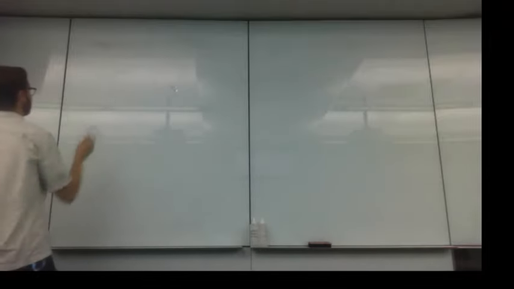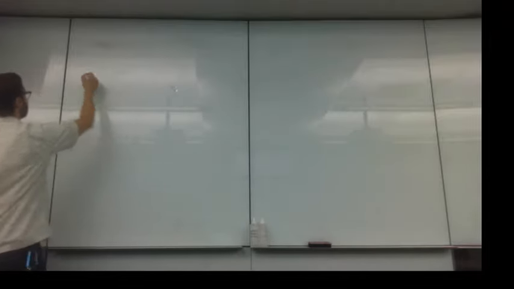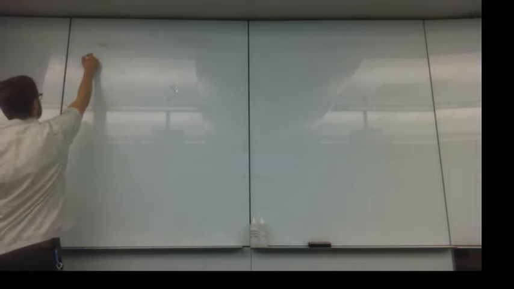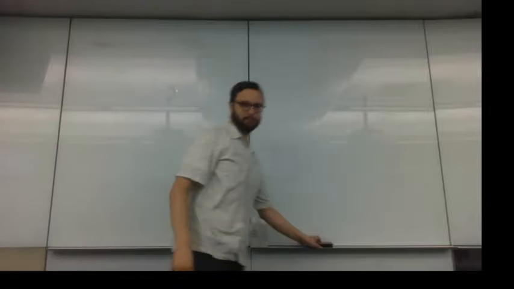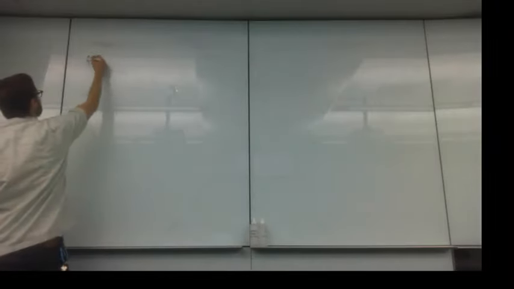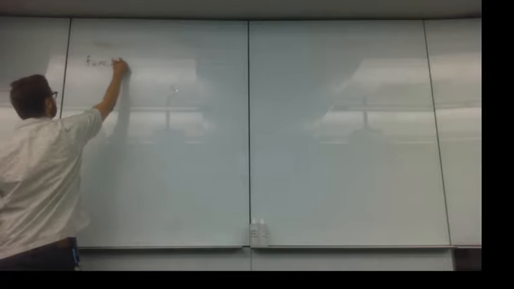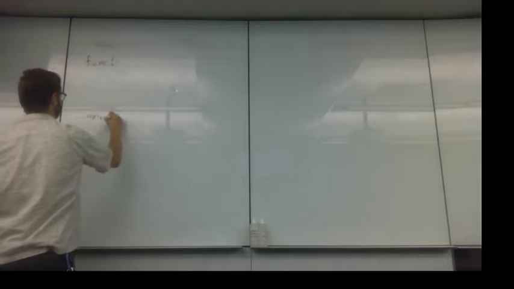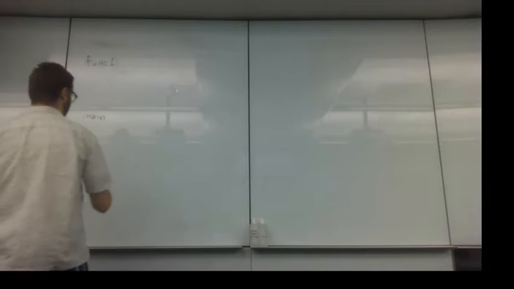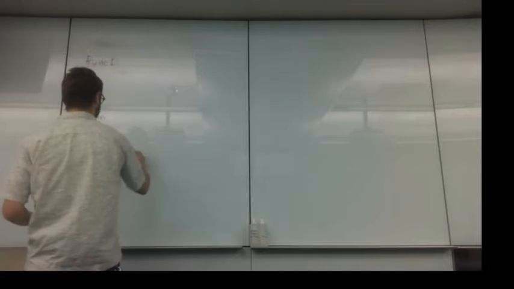I think I'm gonna do this in assembly because that's an easier way of explaining the stack. So we've got func1, we've got main, and then we've got our call func1.